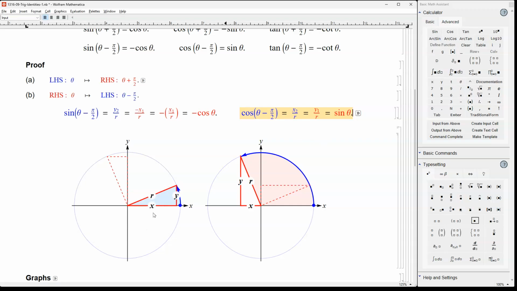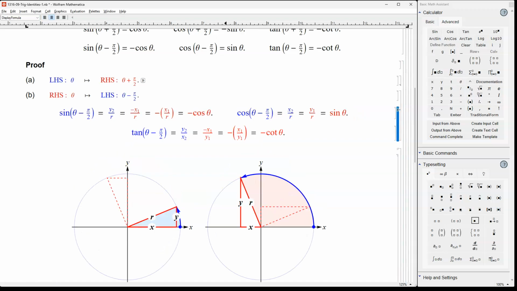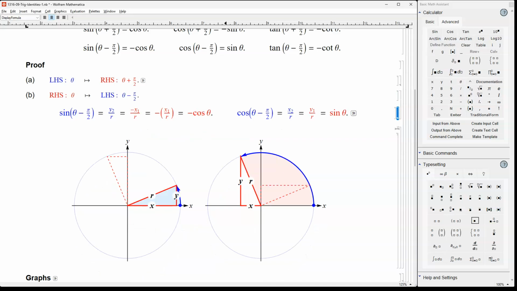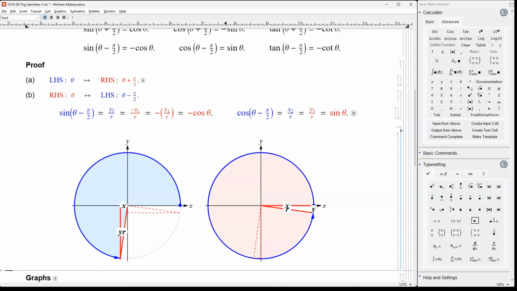But this x2 is the same as this y1, same sign, same magnitude. So y over r, that's sine of theta. And then you can do the same thing for tangent as well, and the same relation applies to other quadrants too.